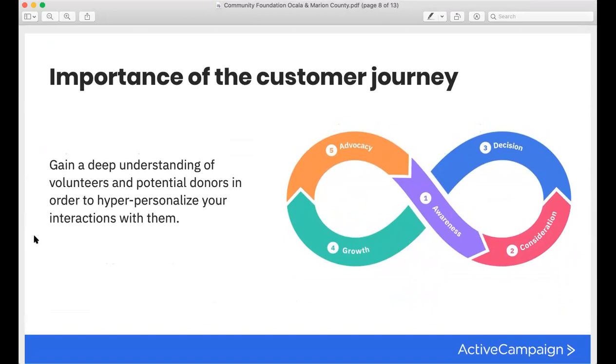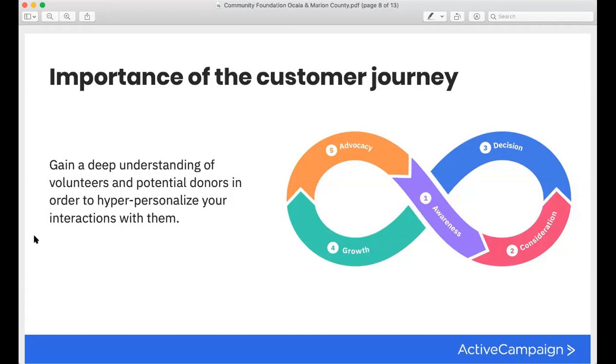Now, in looking at the customer journey, we consider 5 different stages, and that starts at awareness. How are people finding out about your nonprofit? What are they doing in terms of the consideration stage? Here they're wondering what your nonprofit does, why it's important, getting them involved in your mission.